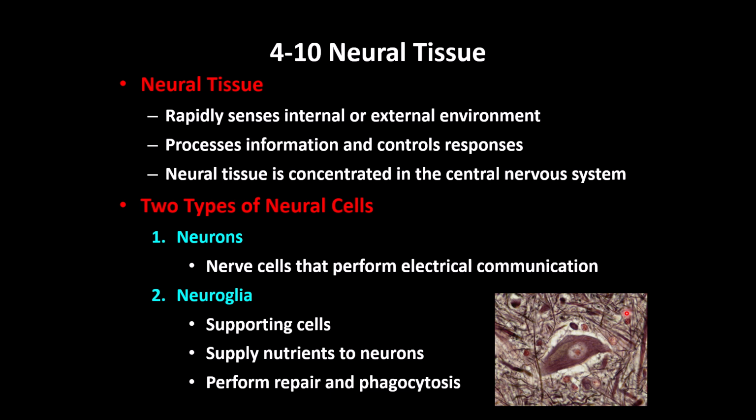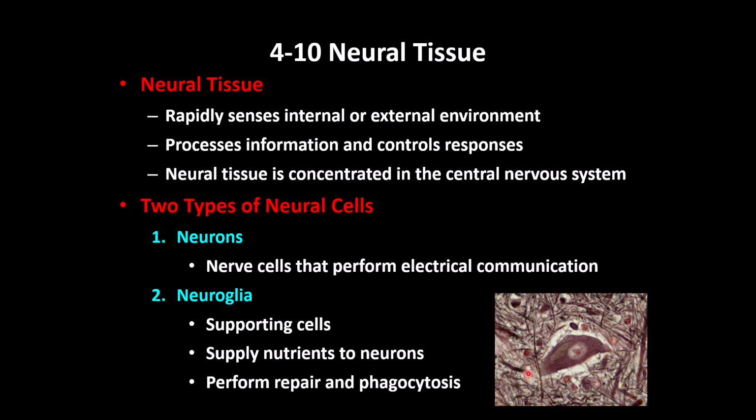Okay, so also there are 2 types of neural cells. One is called the neuron cells, which carry electrical signals, and the other one is called the neuroglia, which are supporting cells for the neurons. So these are all the neuroglia there.